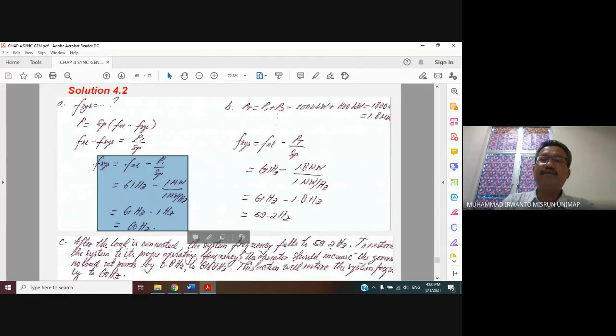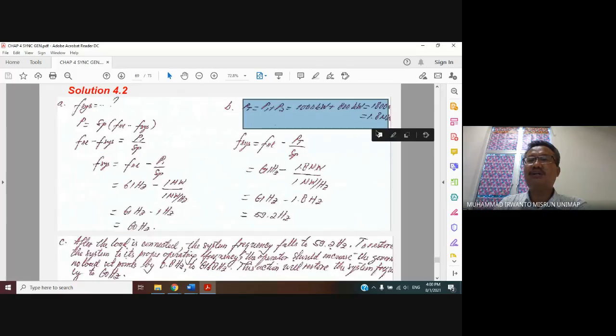And then after that, when the switch is closed and serves load 2, the total power is P1 plus P2: 1000 kilowatt plus 800 kilowatt is equal to 1800 kilowatt or 1.8 megawatt. Now, how about the frequency system?